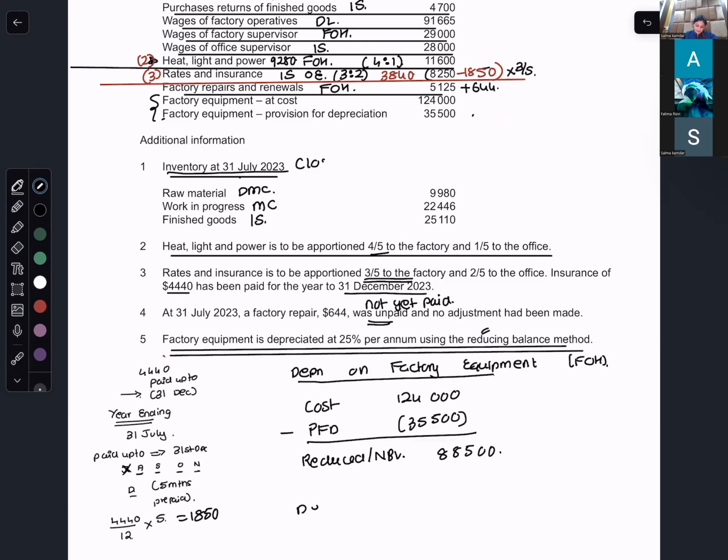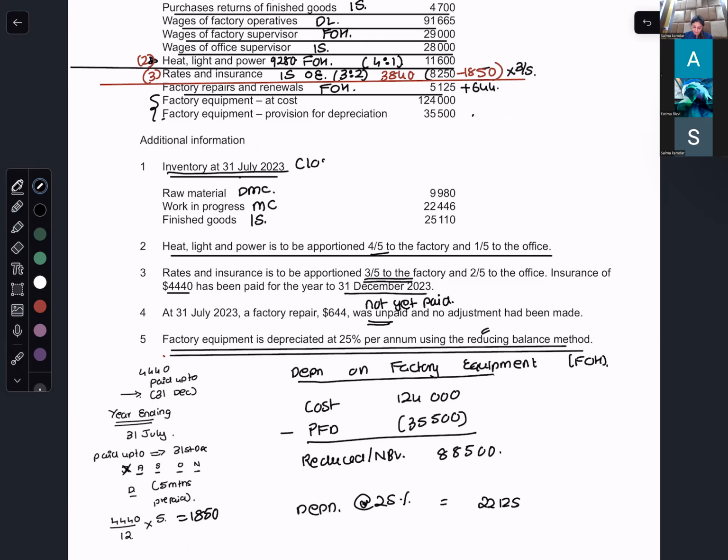Then it says depreciation at 25%. So 885 into 25%, 22125. 22,125.